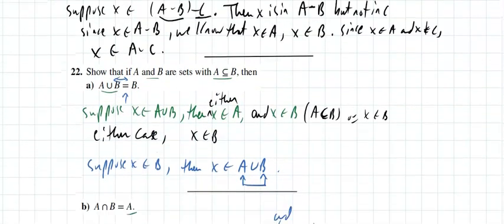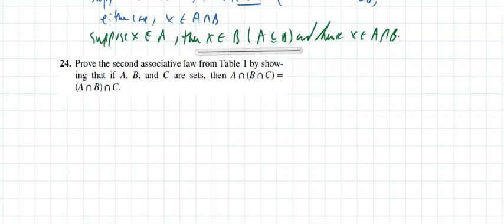All right. Number 24. Prove the second associative law on table 1 by showing that if A, B, and C are sets, then A intersect (B intersect C) is the same as (A intersect B) intersect C. Well, all right.